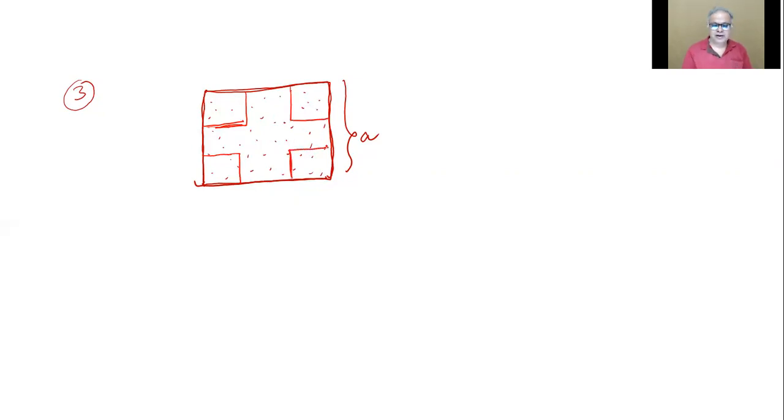This is x, this is x, x, x like this. So this will be removed. Then you fold it up to make a box, right? If we fold them, we'll get a box with the top open. The question is that it should have maximum volume.